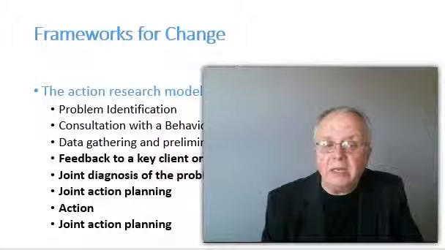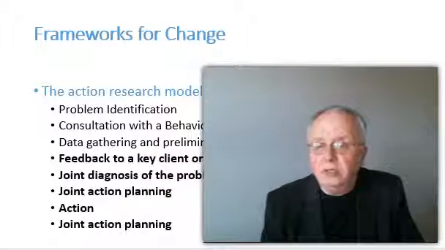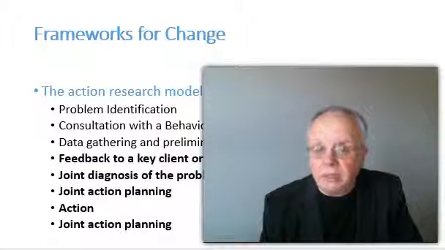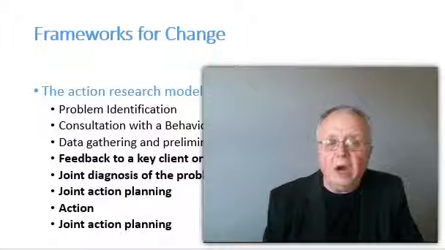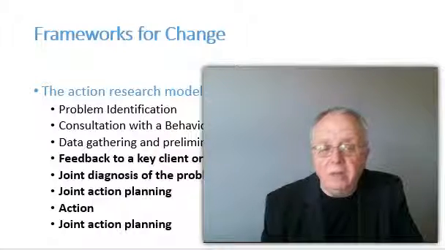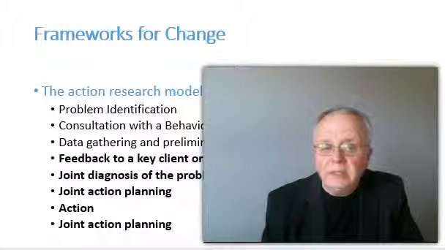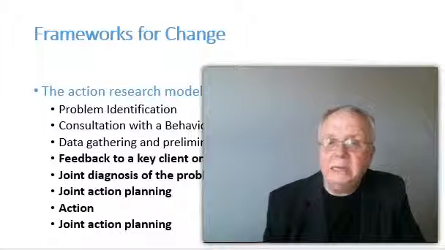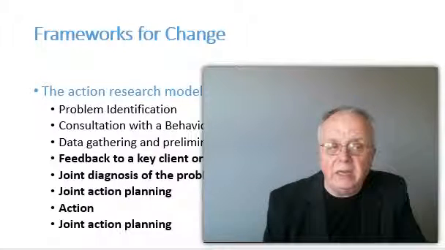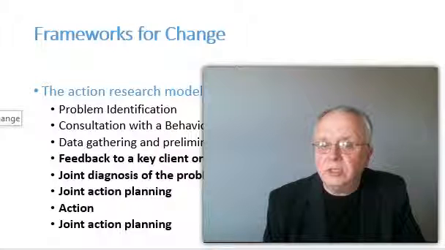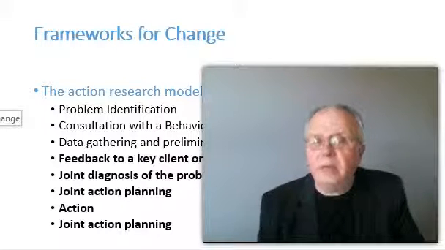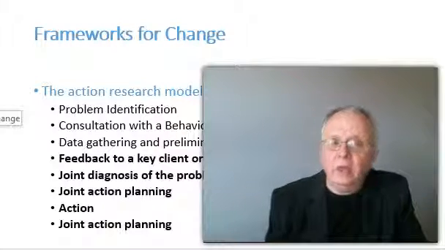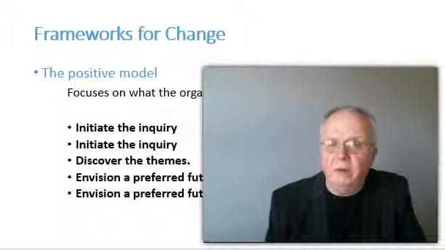Feedback then comes back to the key client or the group, and there's a joint diagnosis of the problem. They come to terms and understand what the issues are, then have a joint action meeting, take some action, and then plan based on that to see if they actually accomplished their goals. It's a very complicated process within the culture of a plant, factory, or business.